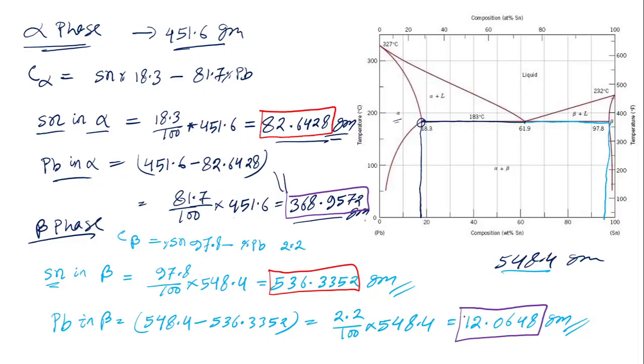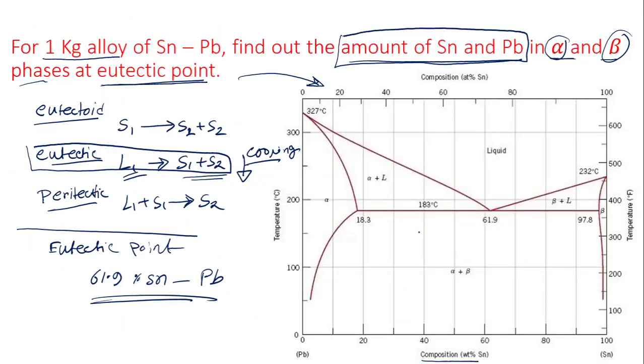Okay, so what are the steps basically I followed? Let me go to the first page. So first step, first find out the percentage of alpha and beta.